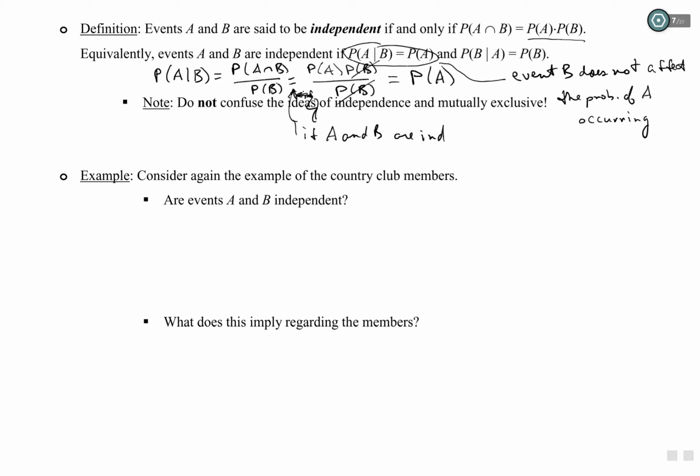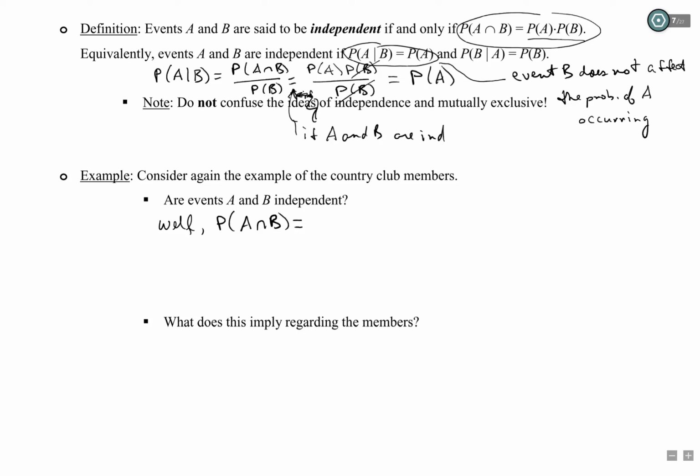All right, so if we come back to the country club example, are events A and B independent? Are they independent? In other words, does this equality hold for that example? Well, what do we remember? Well, probability of A intersect B is, I'm not going to write it equals this yet.